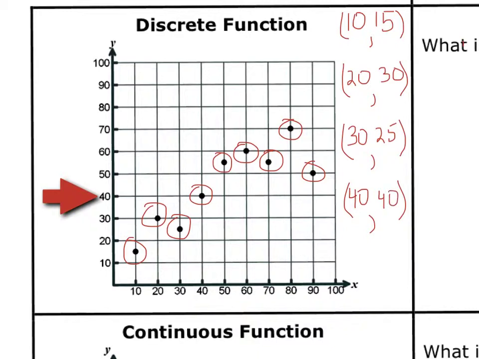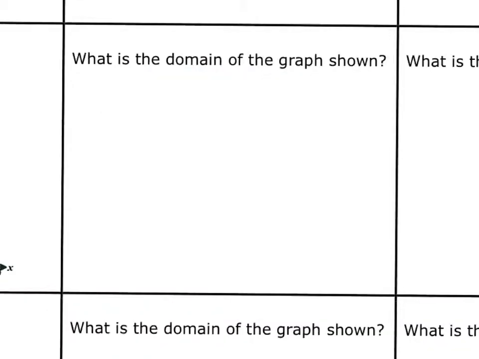So now you need to find the other 5 points. With discrete graphs, if we need to list the domain and the range, all we do is put down whatever those points were. So for domain, since we just looked at that graph, we're going to list all of the possible x values. I'm going to say D and then put a colon.